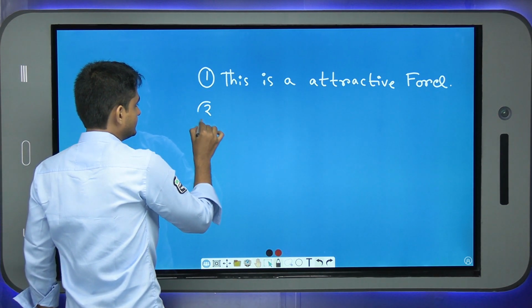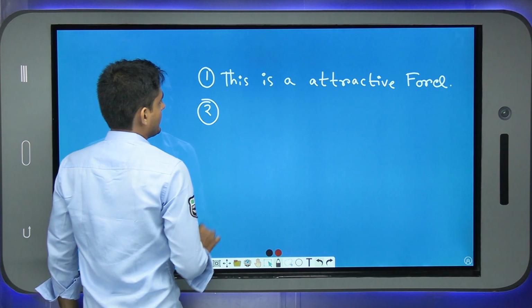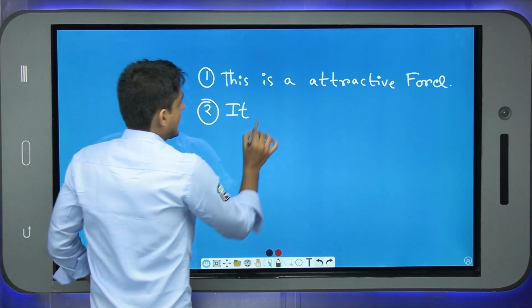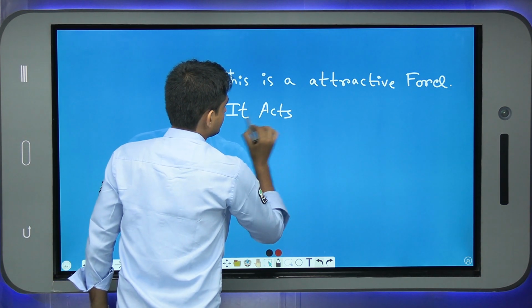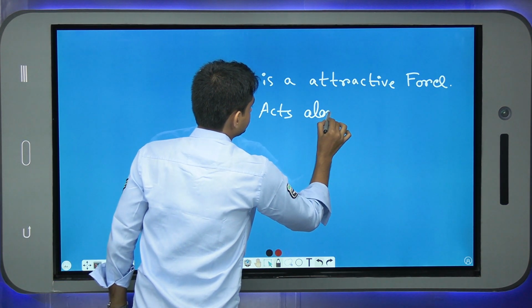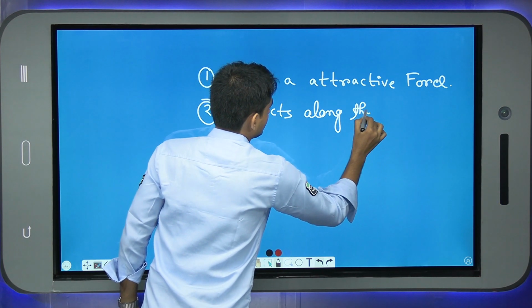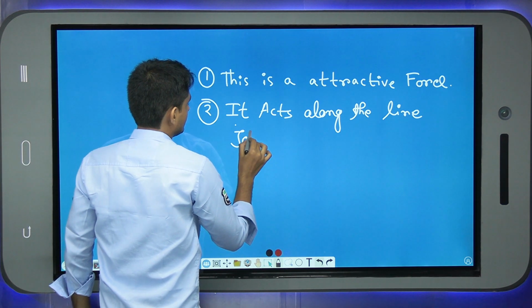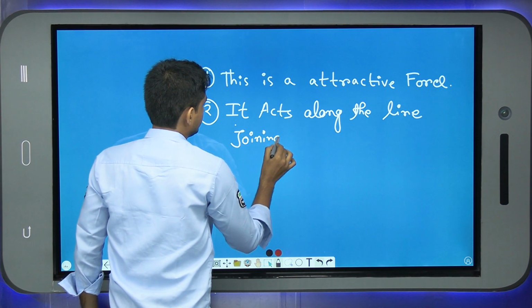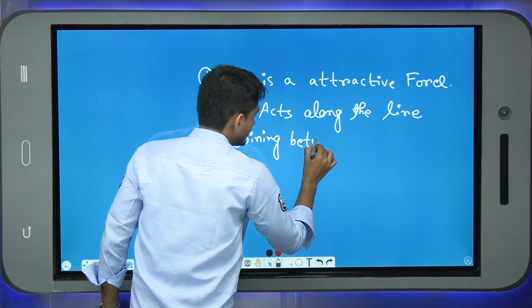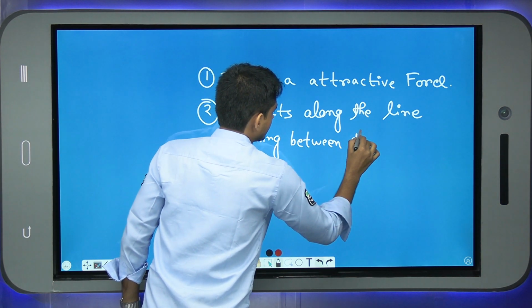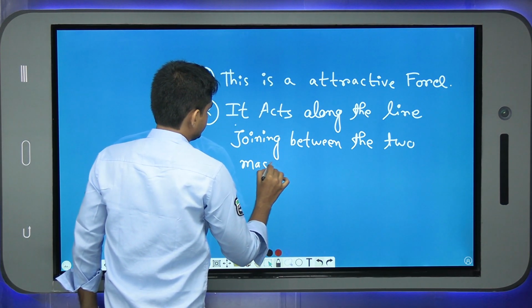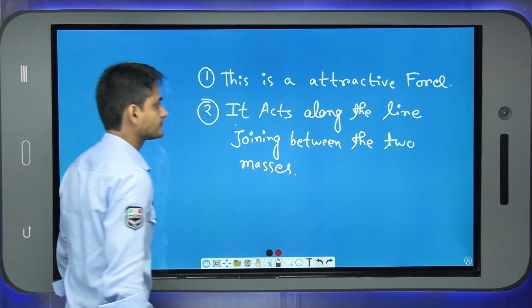Number 2, the gravitational force acts along the line joining the two masses. What is this?